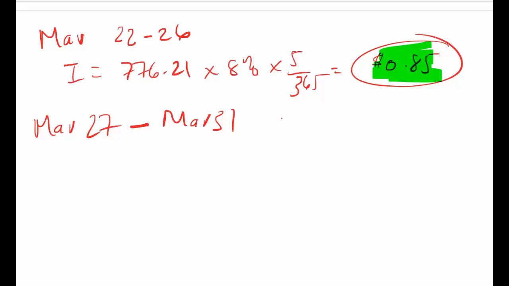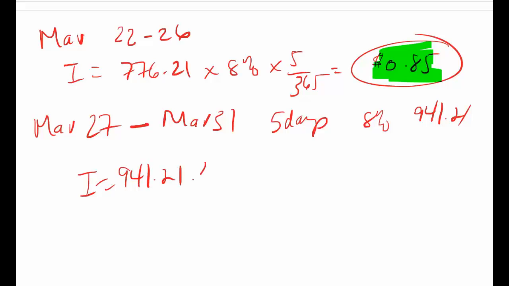So that is for 5 days, 27th to the 31st, inclusive, at 8% still for 941.21. So I equals 941.21 times 8% times 5 days out of 365 again, and that works out to $1.03.